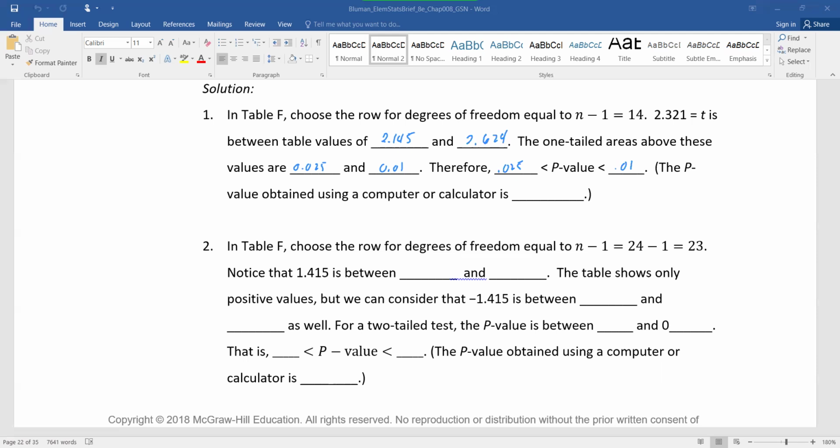So remember to find this, is it population mean? No, sample mean first, right? All right, so sample mean, oh, we don't even have a sample mean.